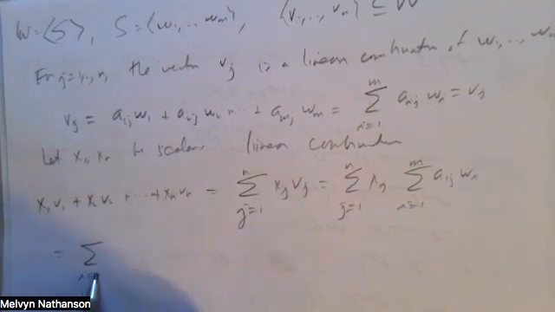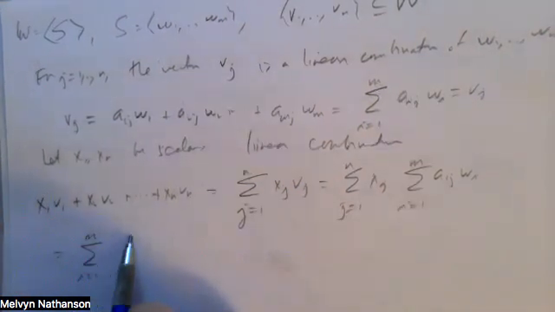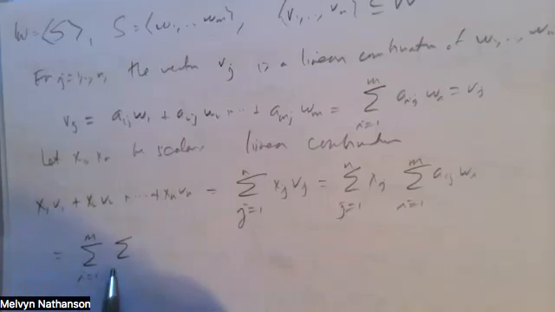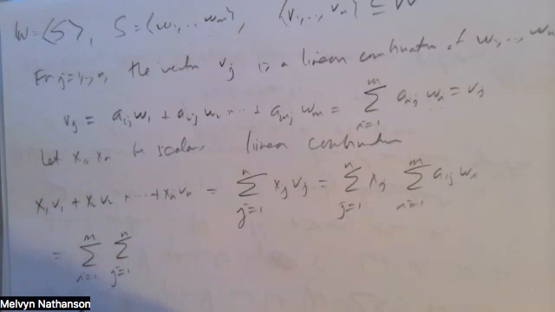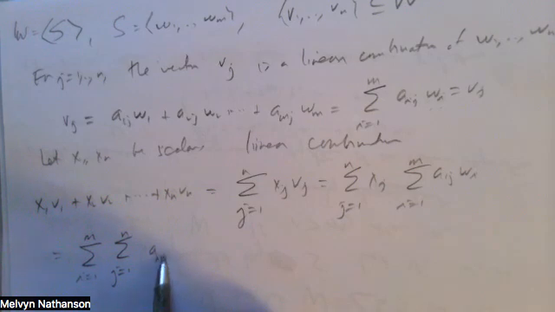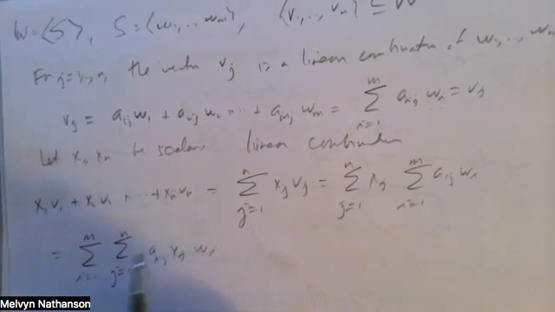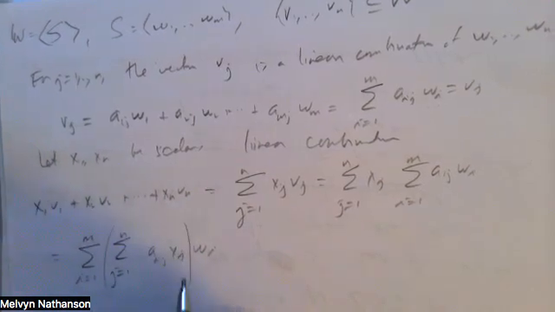This is the summation i goes from 1 up to m, of the summation j goes from 1 up to n, aij xj, times wi. This is a linear combination of the wi's.